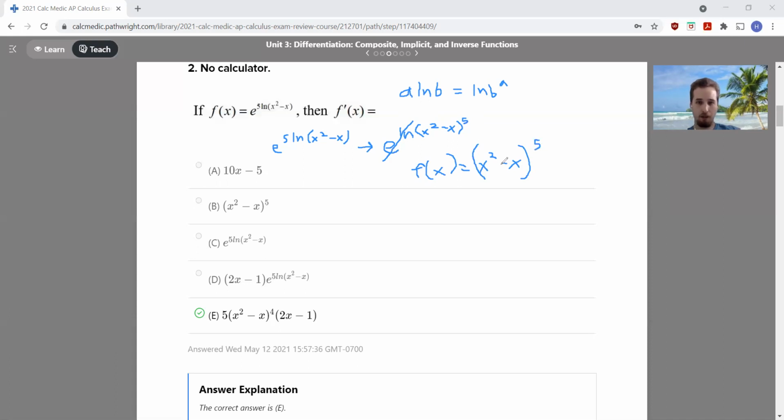Now, taking the derivative of this, chain rule, right? Well, we do power rule because power rule's on the very outside. So we take the 5 out, we get x squared minus x to the 4th because we reduce the power by 1, and we take the power outside because of power rule. And then due to chain rule, we have to take the derivative of the inside. So, right, this symbol means derivative. The inside is x squared minus x.